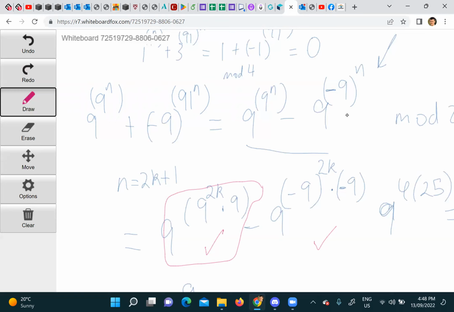But it's not an even power of 9. What are you saying is an even power of 9? This whole thing? So are you saying this thing is even? Well, it's not even.